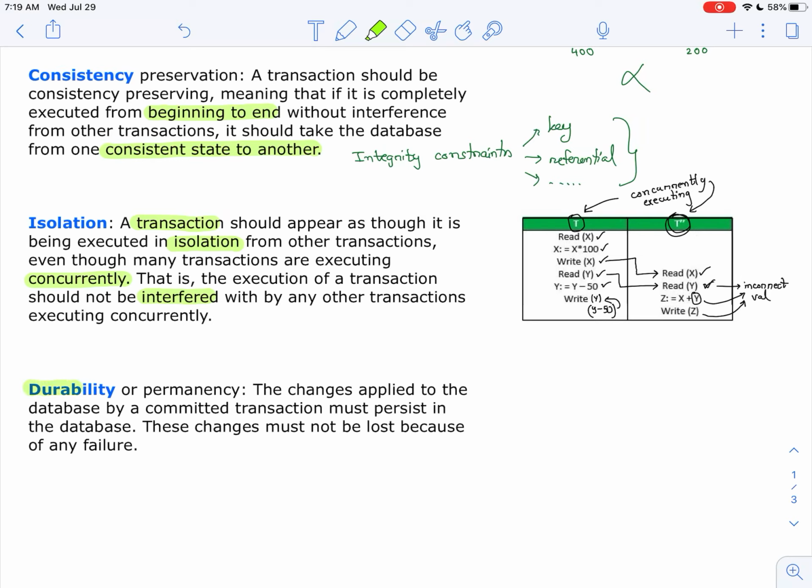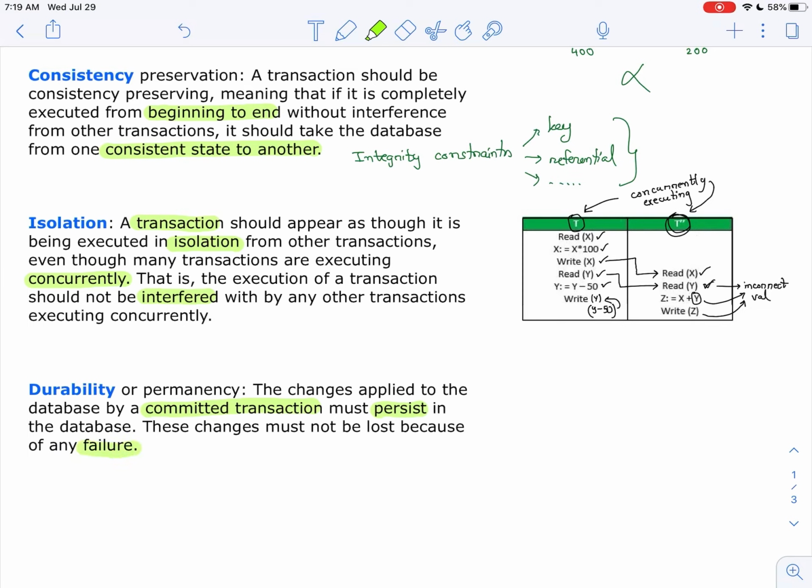Finally, we have durability, which is the last letter in ACID. Durability, or permanency: the changes applied to the database by a committed transaction must persist in the database. These changes must not be lost because of any failure.